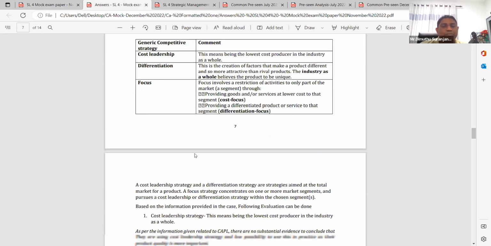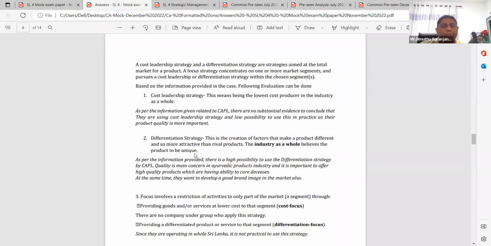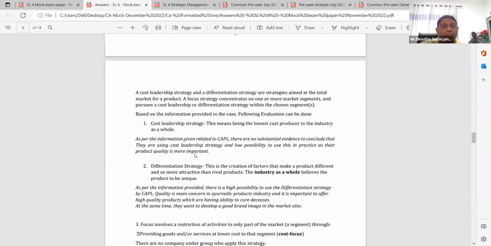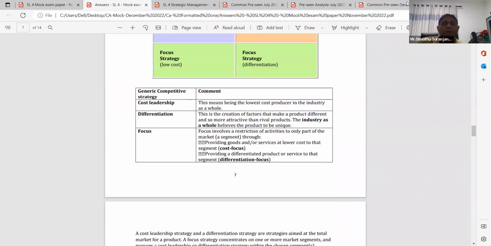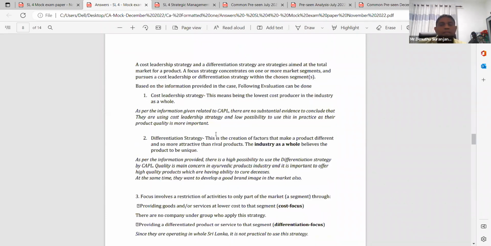Analyze the case. Right. See. So first of all, explain the theory part. Then he analyzes each strategy. Cost leadership, no concrete evidence. Differentiation, what does he say?